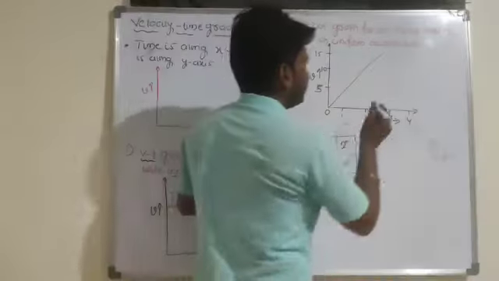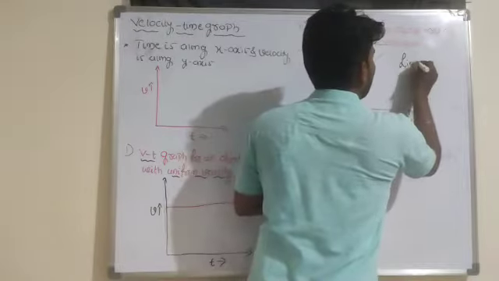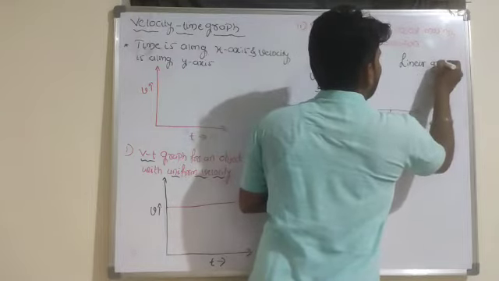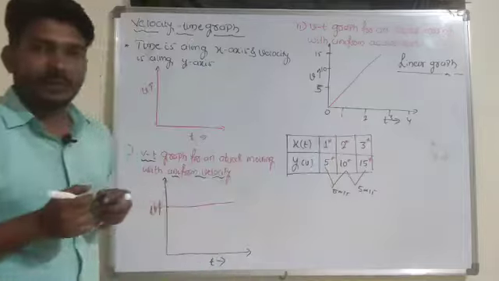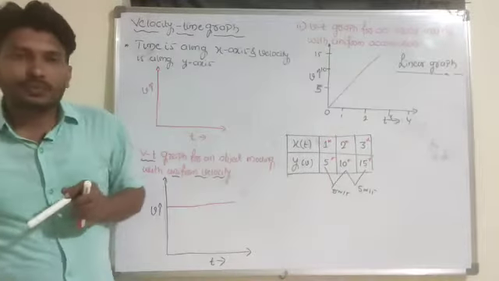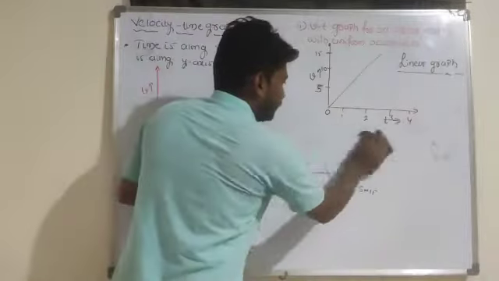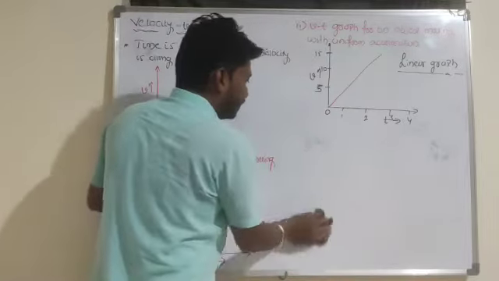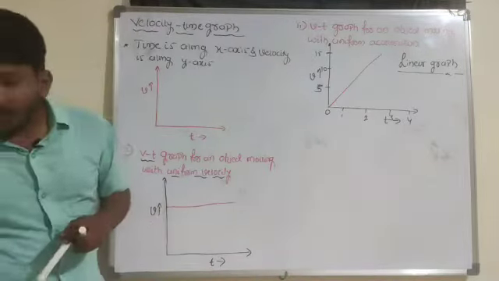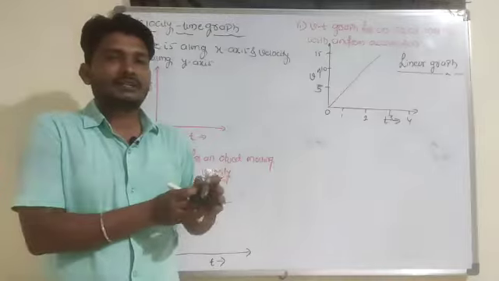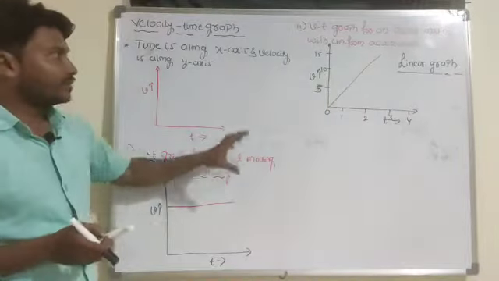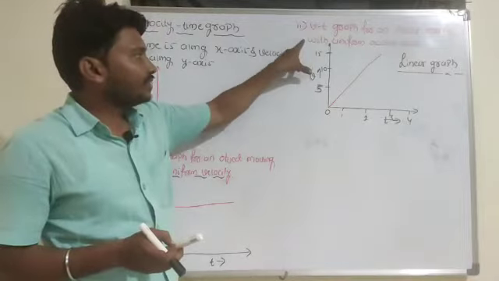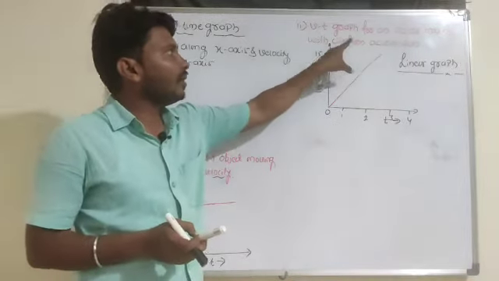So this is a linear graph. Hope you are understanding the velocity-time graph. In the last class we discussed the position-time graph. If you perfectly understand the definitions of uniform speed, uniform velocity or uniform acceleration, you will understand the nature of the graph. This is the nature of the velocity-time graph for an object moving with uniform acceleration.